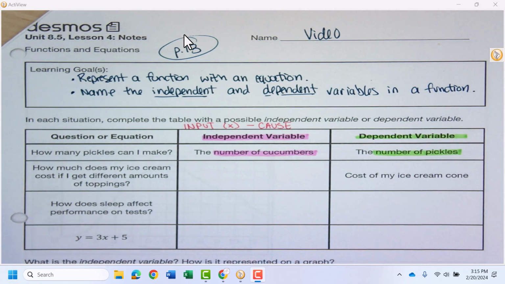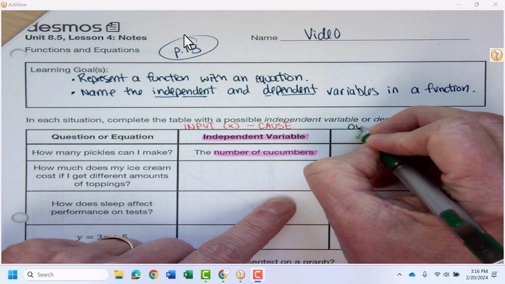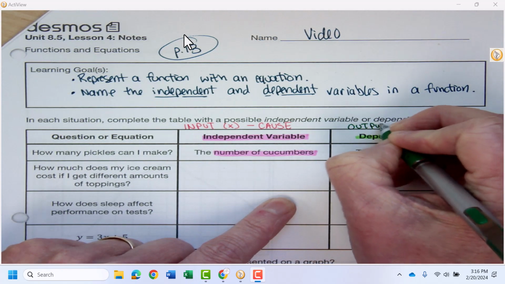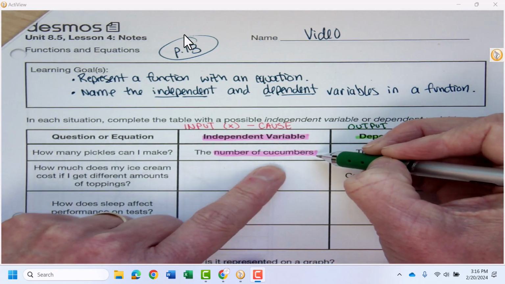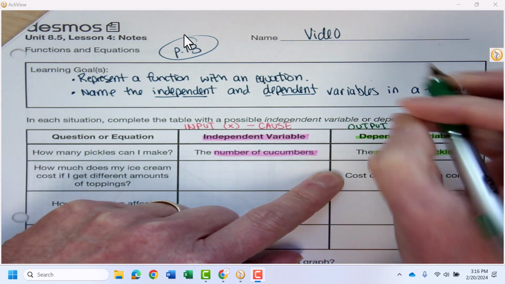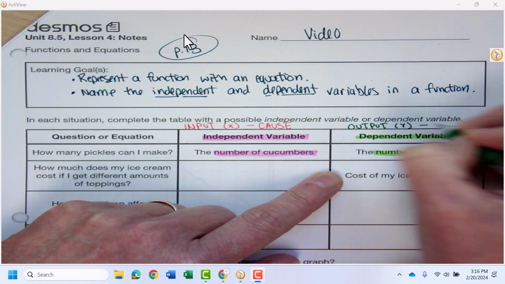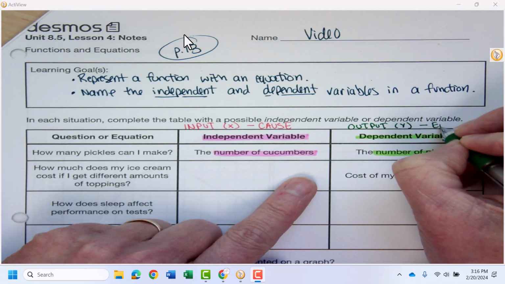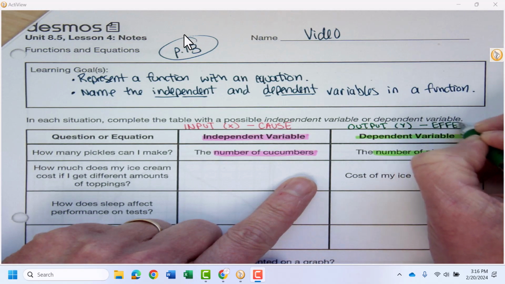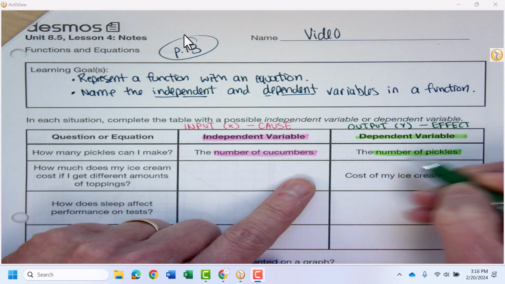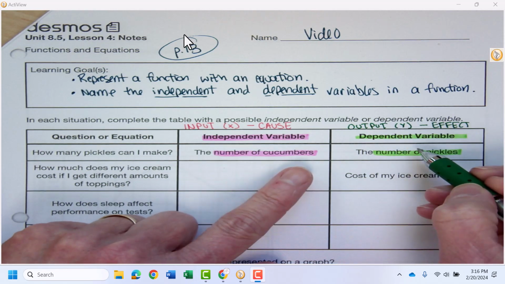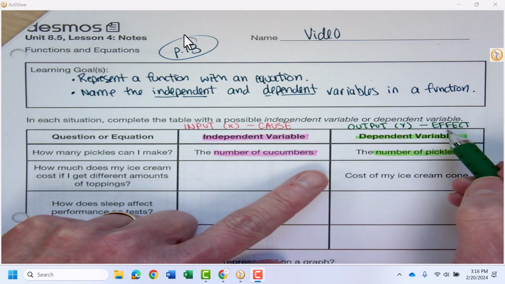So let's talk about the dependent variable as the output. You can almost think of it as you put cucumbers into the function machine and out pops pickles. The output is our y value. And this is the effect. So independent and dependent variables are really about cause and effect.